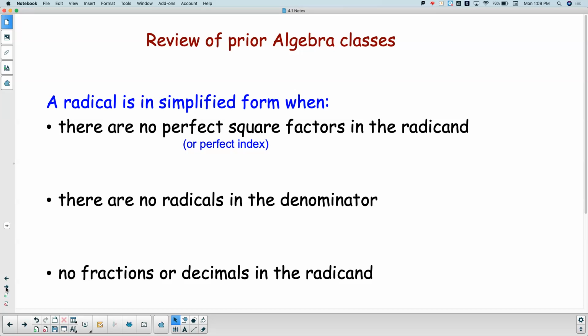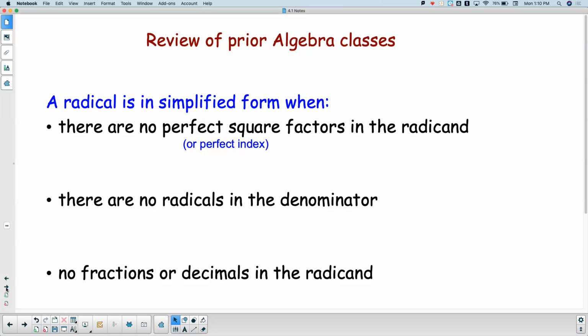So from now on, the square root of 8 is no longer acceptable, because 8 has a perfect square factor in it. The square root of 8 would have to be simplified to 2 square roots of 2. On Wednesday, the cube root of 54 would no longer be acceptable. It would have to be 3 times the cube root of 2.